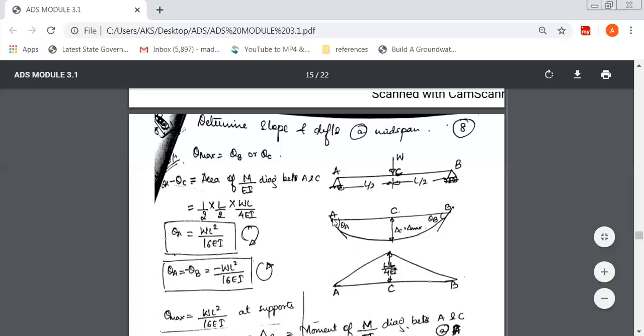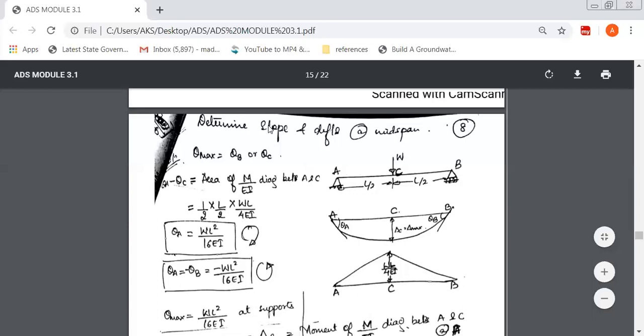Whatever this rotation is, that is theta A. Similarly, at B, draw a tangent, and this tangent will give you the rotation at B. So you can notice here, we have shown rotation at A and rotation at B, which are maximum. Similarly, deflection at C is maximum. So we are going to find all the maximum quantities here, that is theta A, theta B, and delta C.